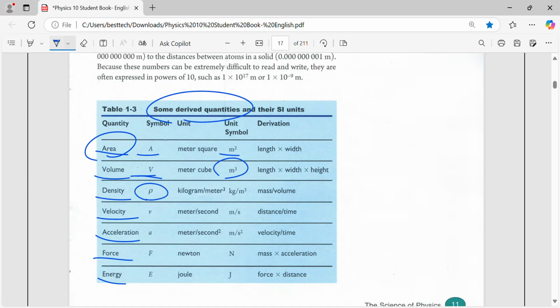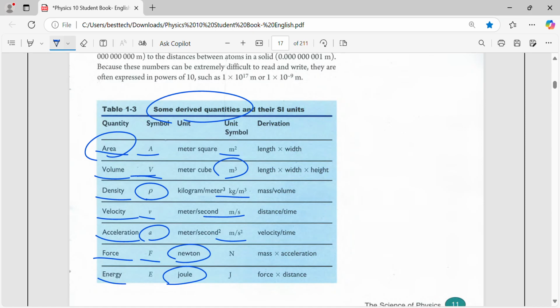Density is rho, and the unit of density is kilogram over meter cubed. Velocity, v small, meter per second. Acceleration, a small, meter per second squared. Force is measured by Newton. Energy, joule.